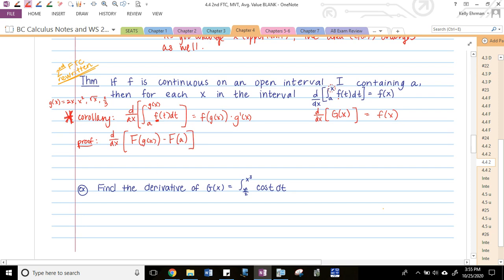And then when I take the derivative of the antiderivative, I'm going to get some sort of f of g of x. But then I've got a chain rule in there, g prime of x. And remember, the antiderivative of a is a constant. When I take the derivative of the constant, that's minus 0. So yeah, this simplifies to f of g of x times g prime of x.